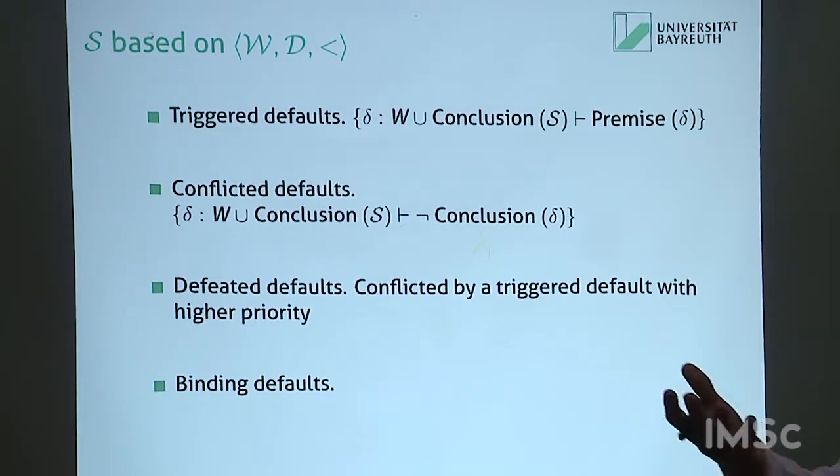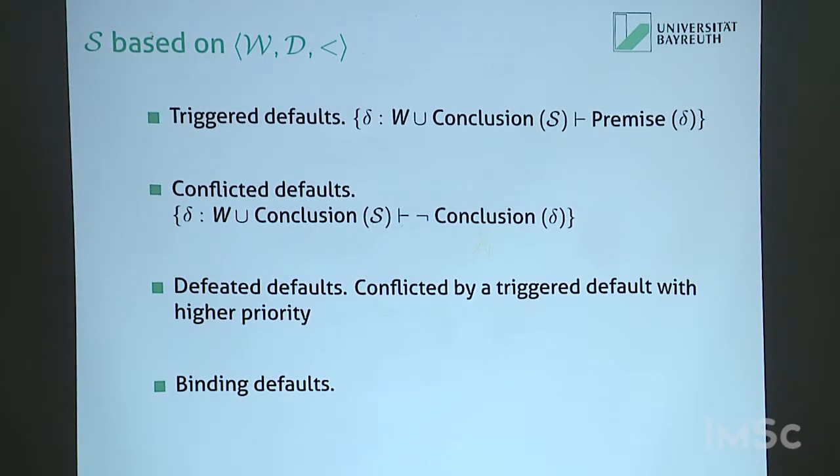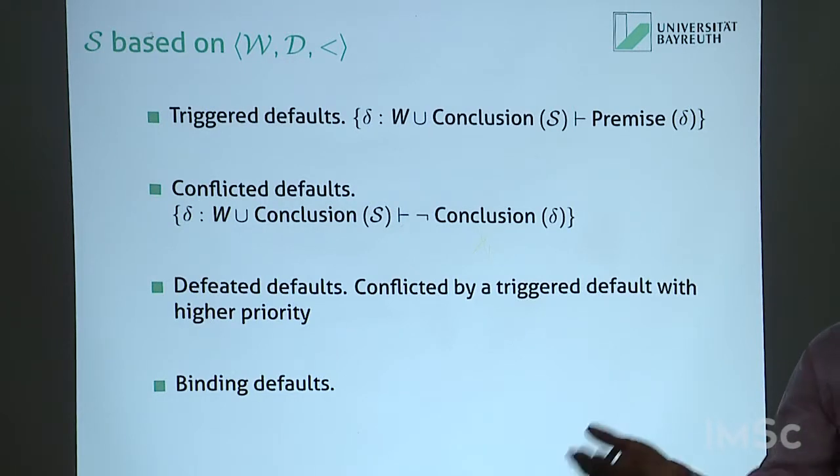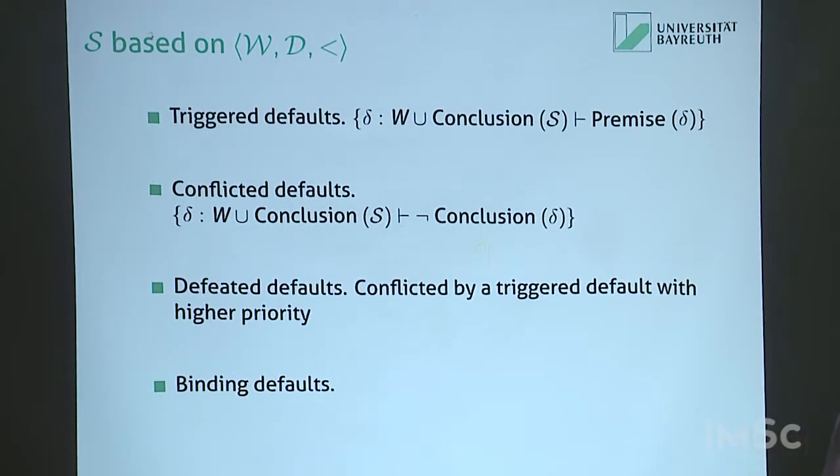For example, in the Nixon case, if I know that Nixon is a Quaker, then the default that if you're a Republican, you're not a pacifist is conflicted, because if I have a Quaker, I can conclude that he's a pacifist, and this is a conflict.